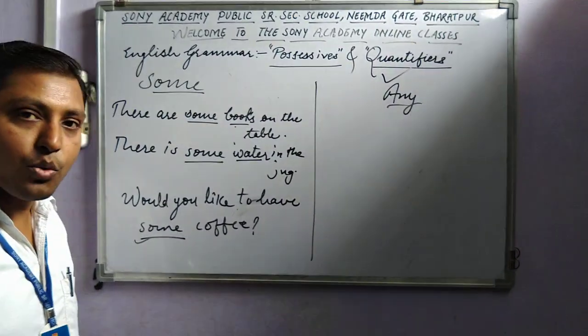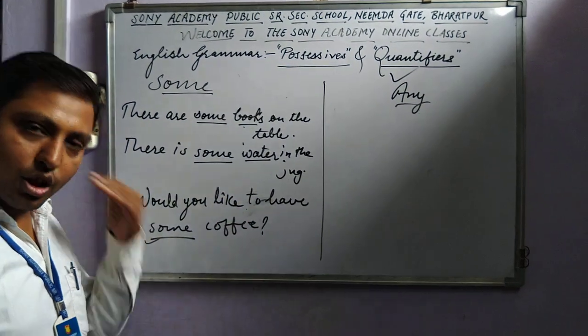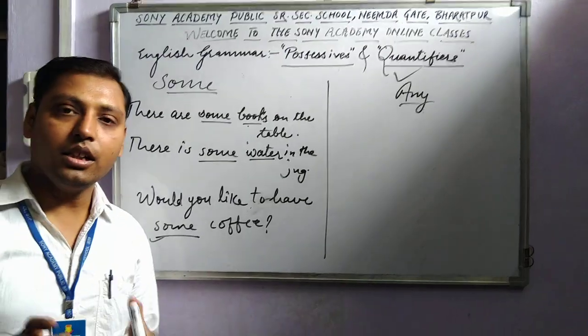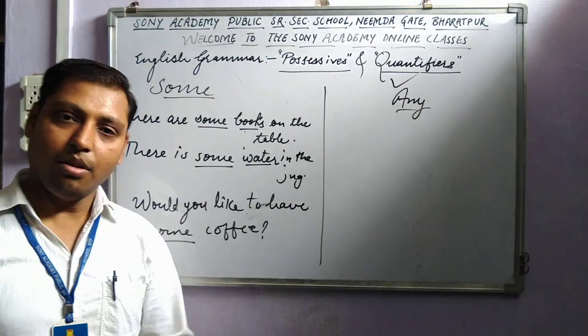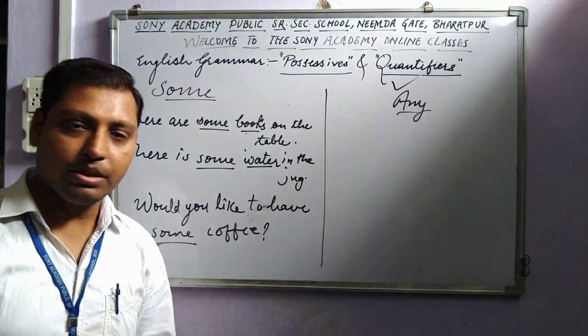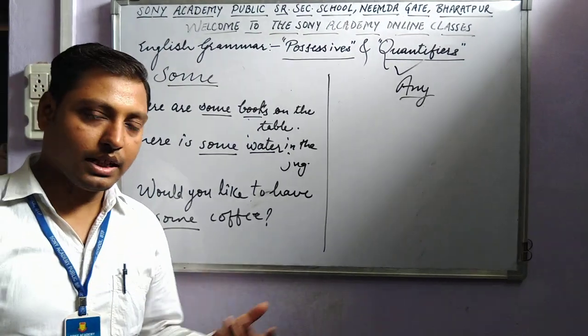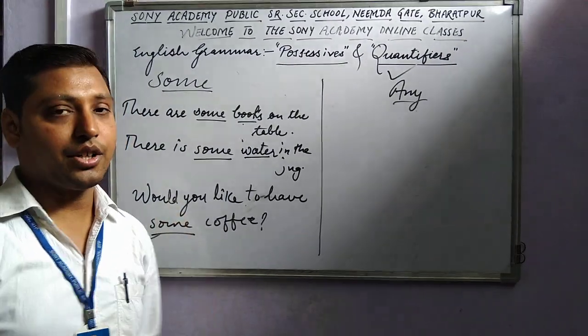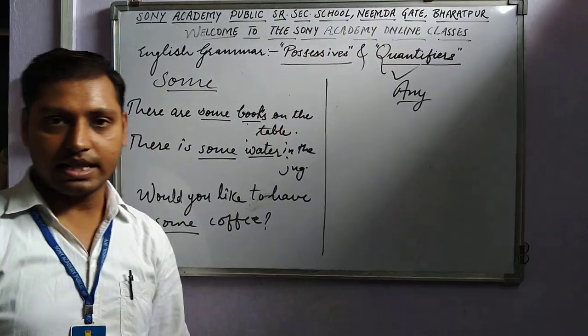Now let us talk about the next part, the opposite part of it, any. Any is basically used for both kinds of nouns, countable and uncountable, for both kinds of numbers, singular and plural. This was the similarity between these two words.